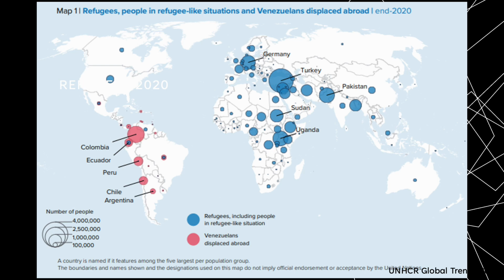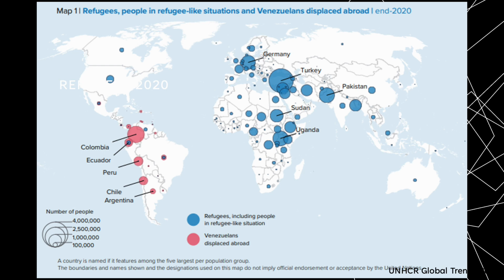You can see that actually the number one country for refugees is Turkey, and that is predominantly refugees from Syria, also from other neighboring conflicts or protracted disasters.